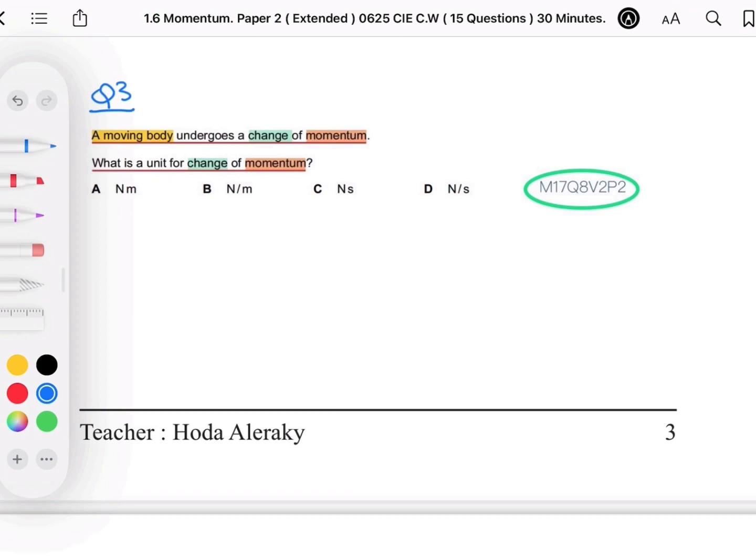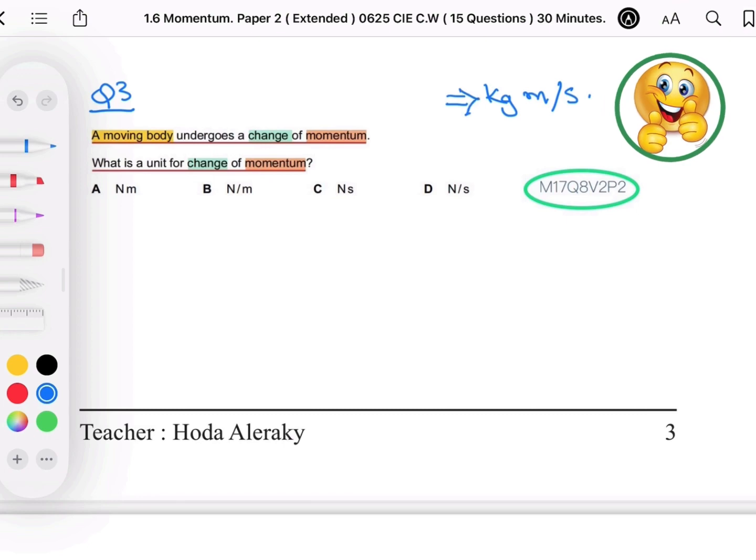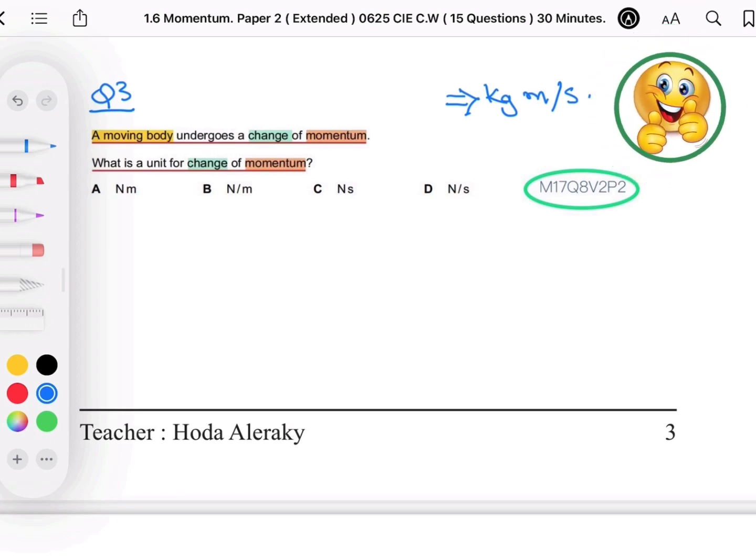If you look at the choices we have here, you know that kilogram meter per second is the unit used for calculating momentum. But here we have Newton meter, Newton per meter, Newton second, Newton per second, which are some units here for measuring impulse.